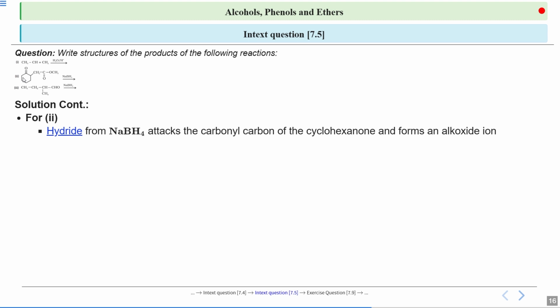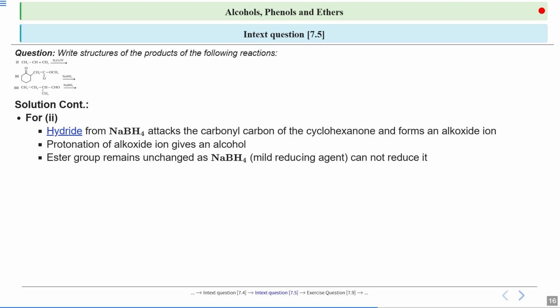This is a cyclic compound in which there is a carbonyl group attached. So when the hydride from NaBH4 attacks this carbonyl carbon of cyclohexanone, it will form an alkoxide ion. And then there will be protonation of this alkoxide ion and it will give you an alcohol.